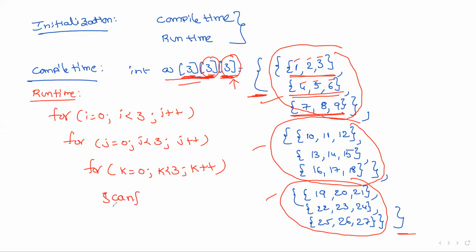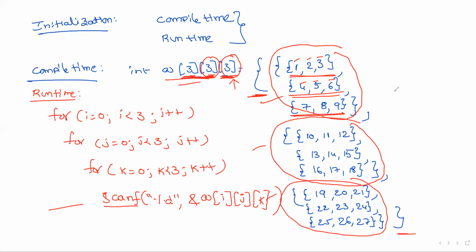If you want to read, scanf. If you want to print, directly use printf. Scanf percentage d, ampersand a, use three subscripts i, j, and then k. This is the way to initialize the values.